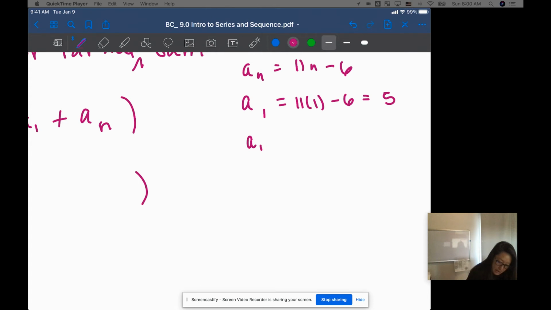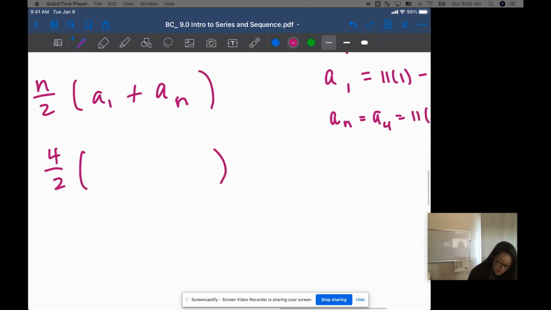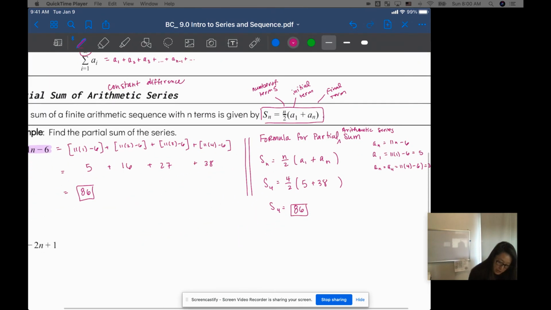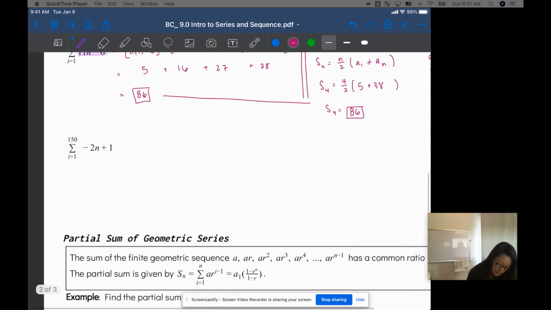And then a sub n, which is a sub 4, is equal to 11 times 4 minus 6, which I know we already did, but that's fine, is 38. So I'm just going to plug it into my formula. 5 plus 38. And when I get that, I get S sub 4 is equal to 86. Matchy matchy? Yes, because it's really the same thing. The formula is just a shortcut for us.